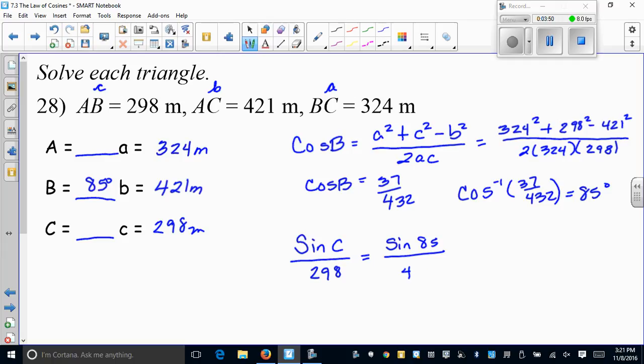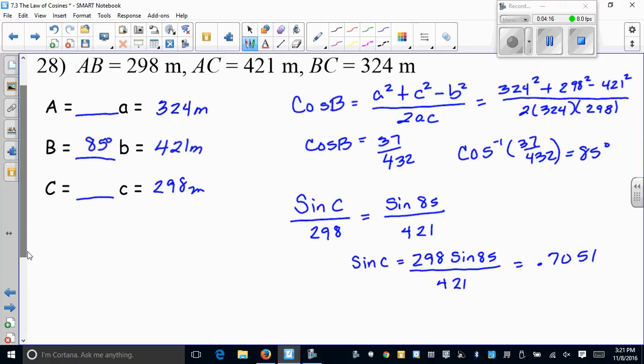So sine of C equals 298 sine of 85 all over 421, which gives us a value of 0.7051. So that means angle C equals the arc sine of 0.7051, which gives us an angle of approximately 45 degrees.